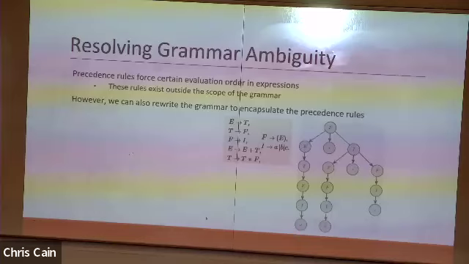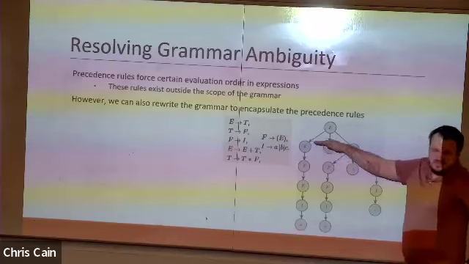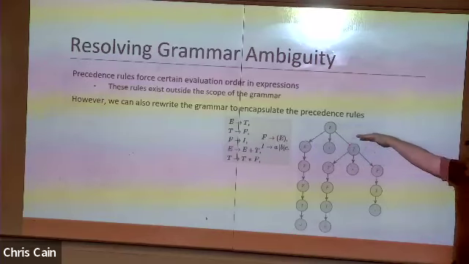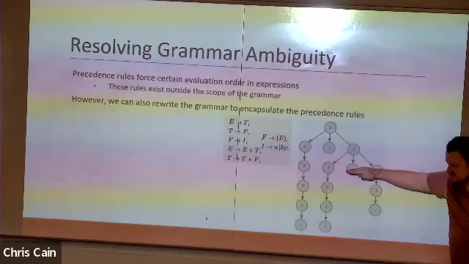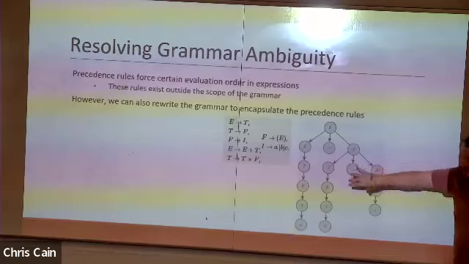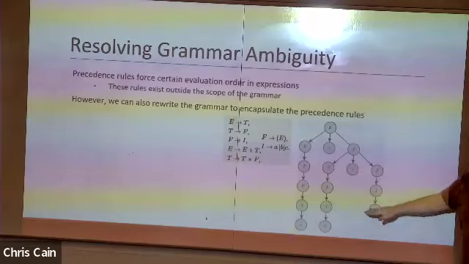But you can see now exactly how that order of operations happens. We're kind of forcing the plus to be the thing that is highest up in the tree, and then multiplication to be the thing that is next in the tree. And then parentheses would be the next thing, and then below that, we could have anything.